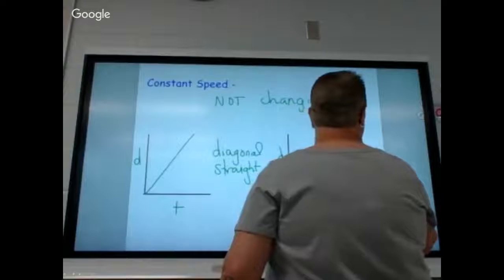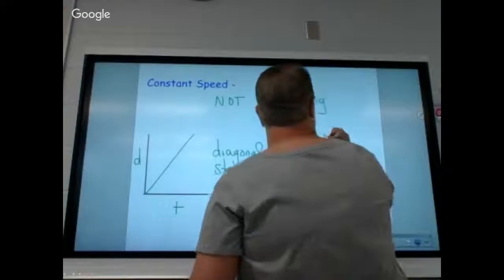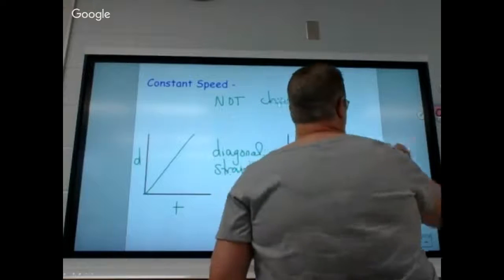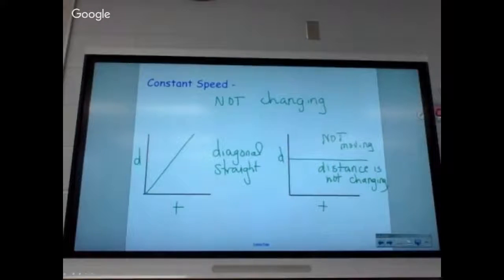So if distance is not changing, that tells you you're not moving. Right now, that graph is y'all. Y'all are sitting in a chair. Your distance, with the exception of Devin, is not changing. Time is ticking by on the clock, but you're sitting in your chairs, so you're not actually doing anything in terms of distance.